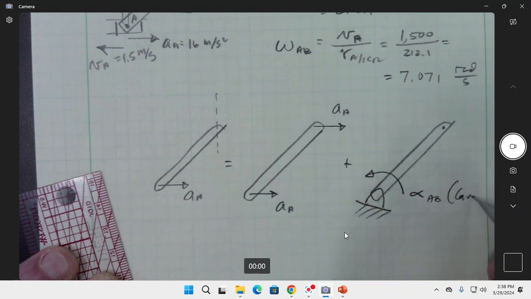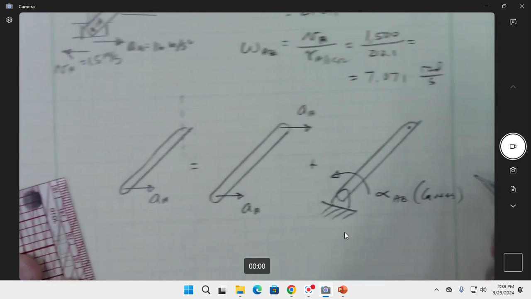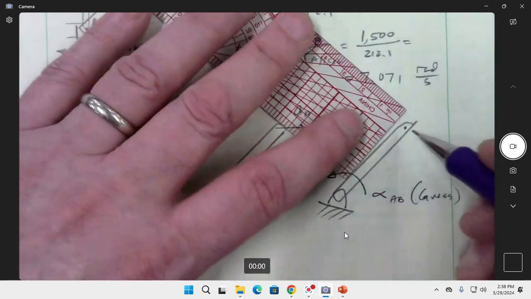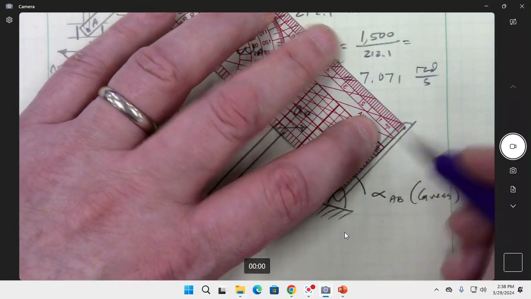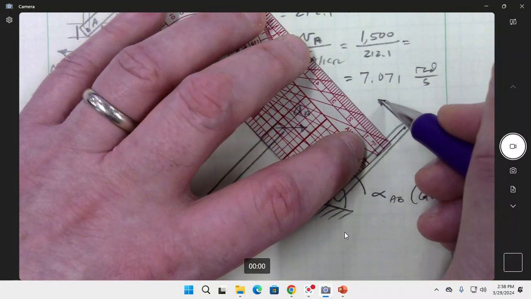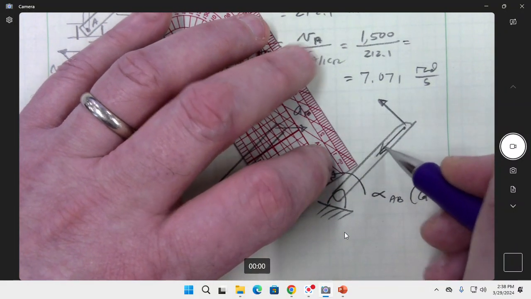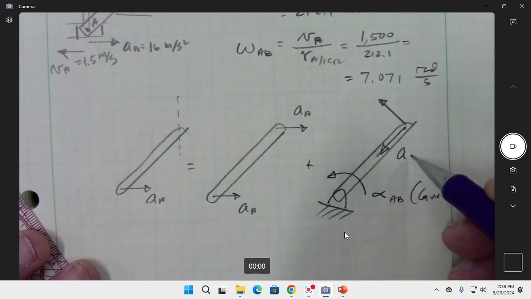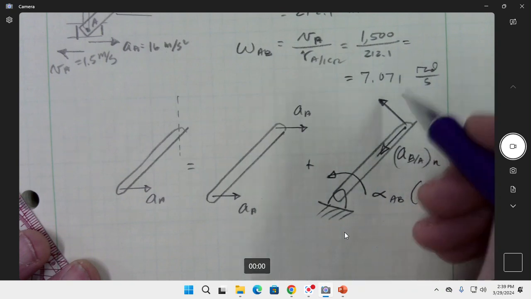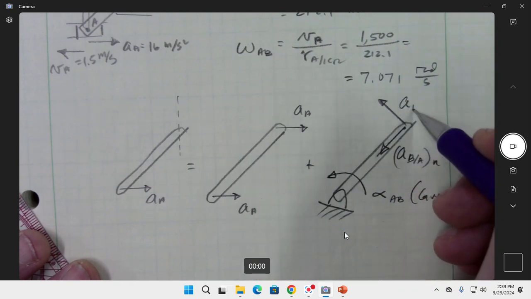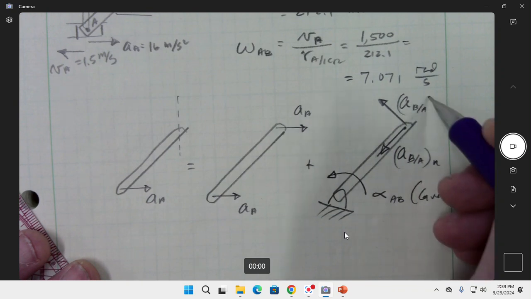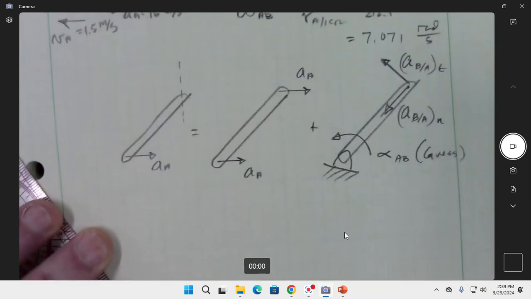I'm guessing that angular direction. It's going to be acceleration of B with respect to A in the normal direction. Here's my acceleration of B with respect to A in the tangential direction.